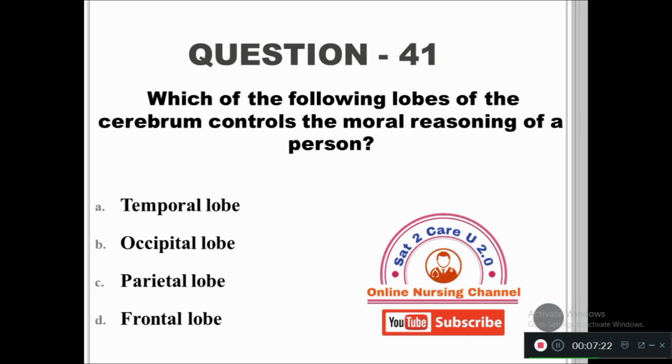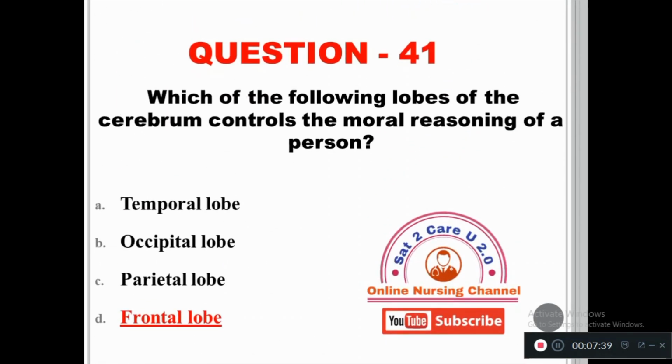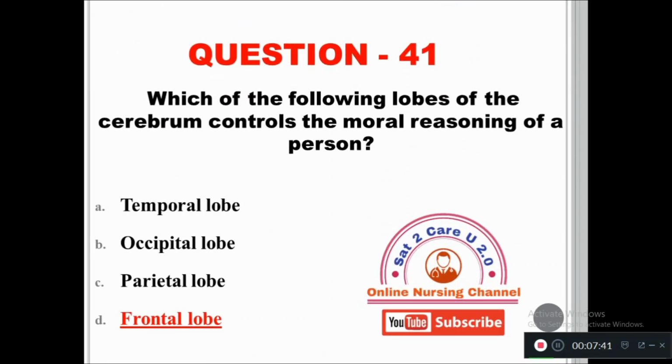Question number 41. Which of the following lobes of the cerebrum controls the moral reasoning of a person? Option A, temporal. B, occipital. C, parietal. D, frontal. The right answer is option D, frontal lobe controls moral reasoning. Others include organization of thought, body movement, and memories.